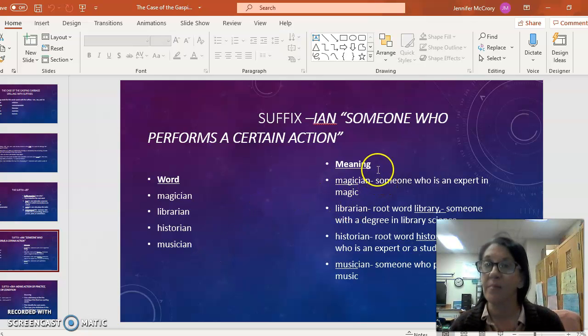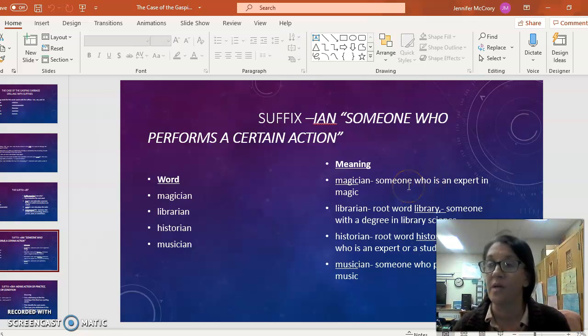So once again, I know my meaning up here is someone who performs a certain action. Okay, so it's a someone. So I'm going to be looking at an act, magic, something that gives me a false appearance.